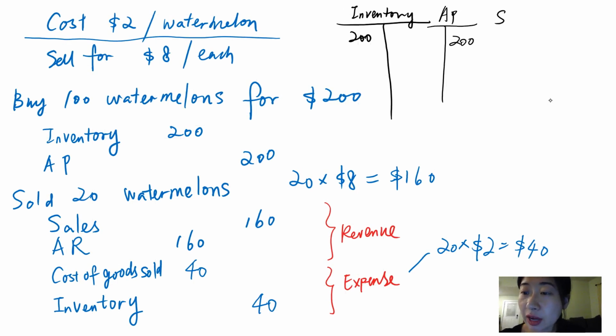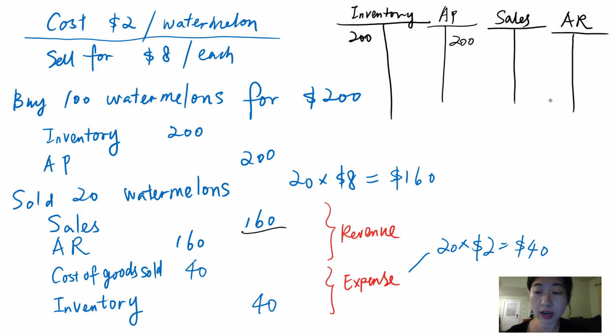So we have sales and AR. The sales was 160. Accounts receivable is 160. But we did give away our watermelons, so inventory reduced by 40, and we need a cost of goods sold of $40.